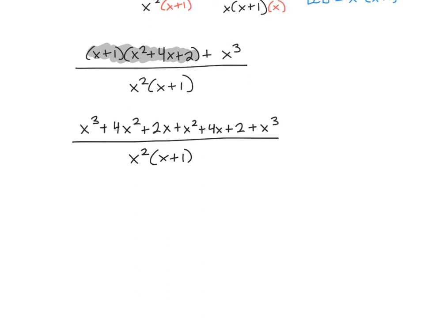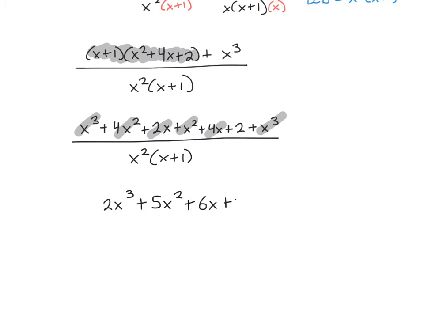And now let's just combine like terms. So I see x cubed and x cubed, so that gives us 2x cubed. And then we have 4x squared plus x squared, which leaves us with 5x squared. And then we have 2x and 4x, which leaves us with 6x.